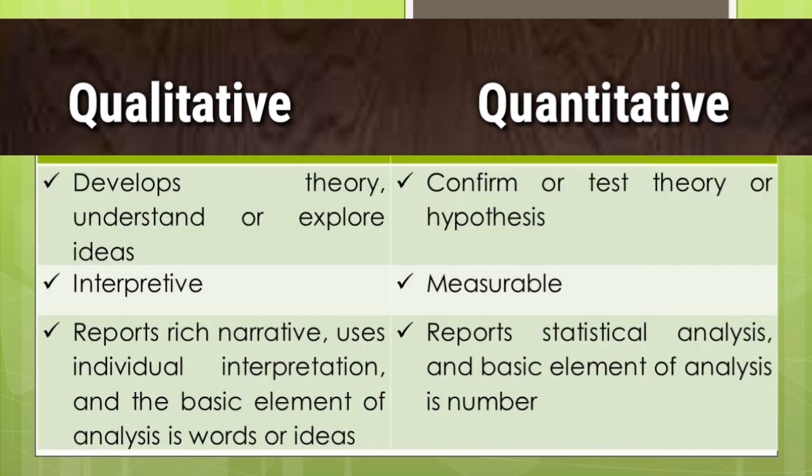Also, in qualitative research, the researcher develops theory, understand or explore ideas. It's more on interpretation. Reports rich narrative, uses individual interpretation, and the basic element of analysis is words or ideas.